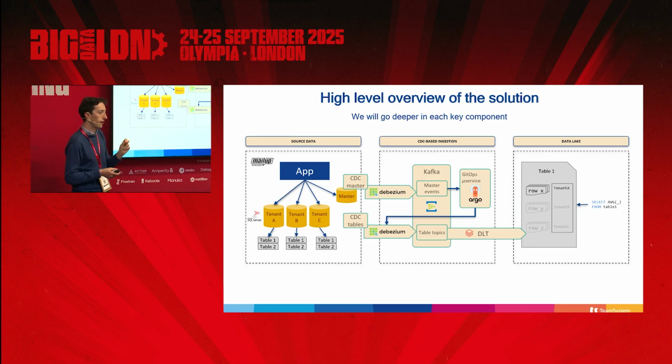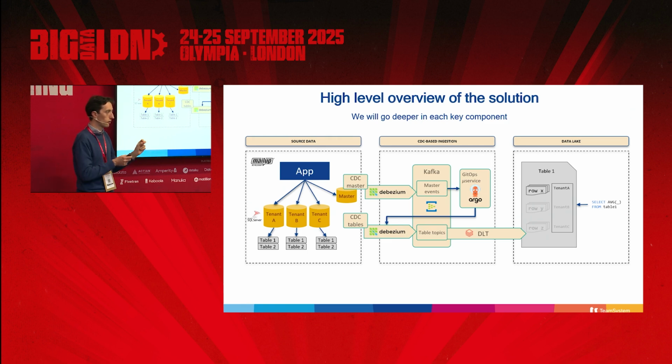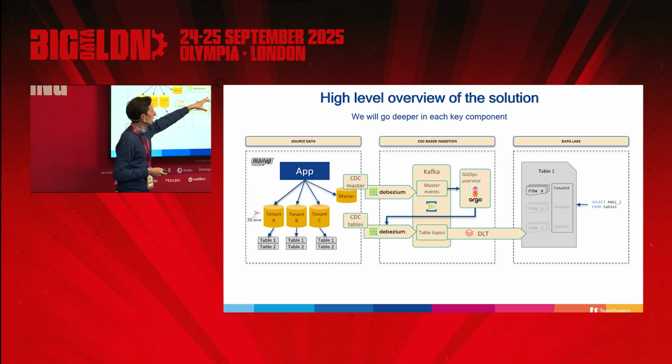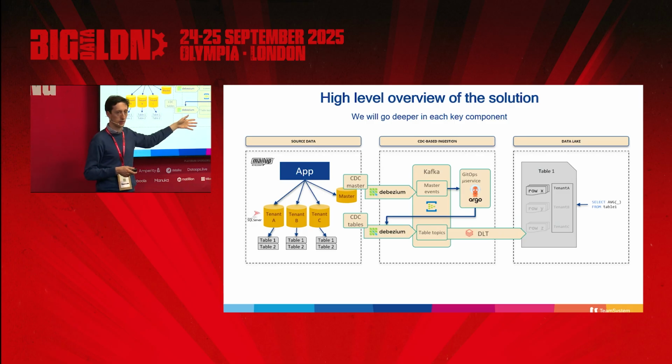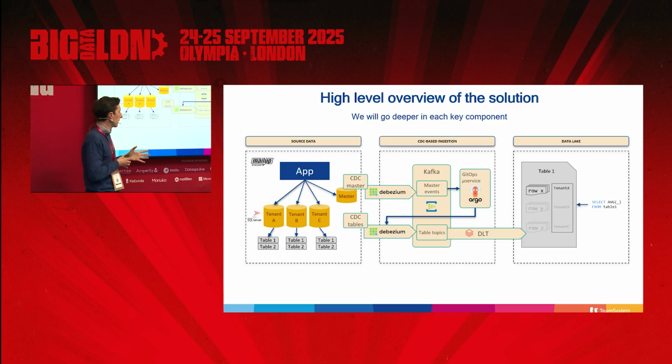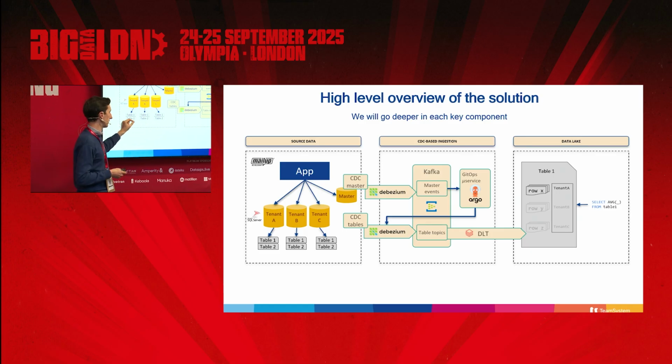So we are notified whenever a database is moved or a new customer comes and a new database is created. These events are processed by a GitOps service via Argo CD, which is responsible for dynamically spawning or destroying the Debezium instances that collect data from different tables.